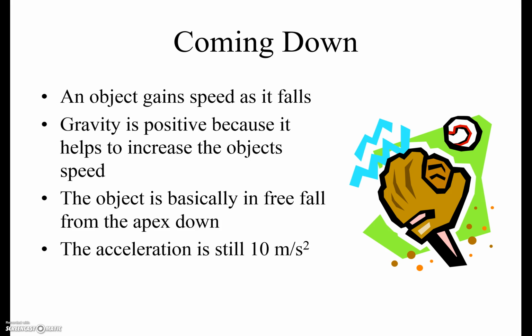The acceleration is 10 meters per second squared, but again, when an object is coming down, it'll be positive because every second it will increase its speed 10 meters per second. And it's also important for us to realize that the time it takes to go up to the apex will equal the time it takes to go back down to its starting point.